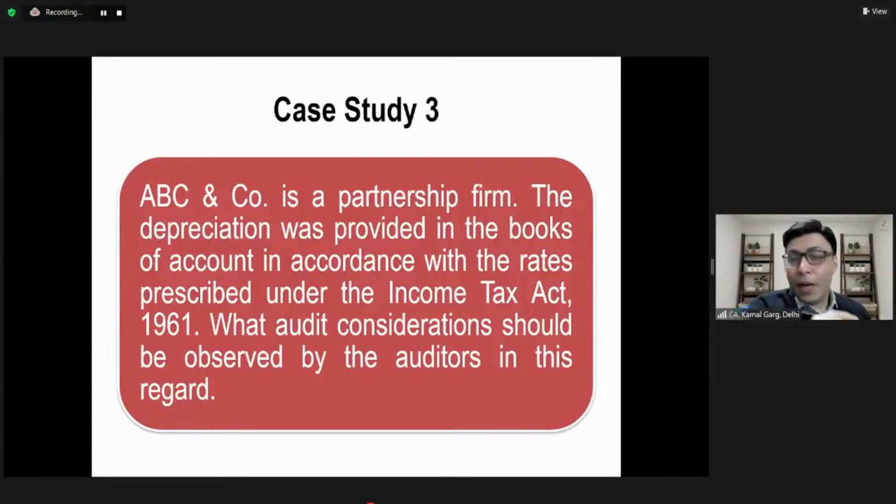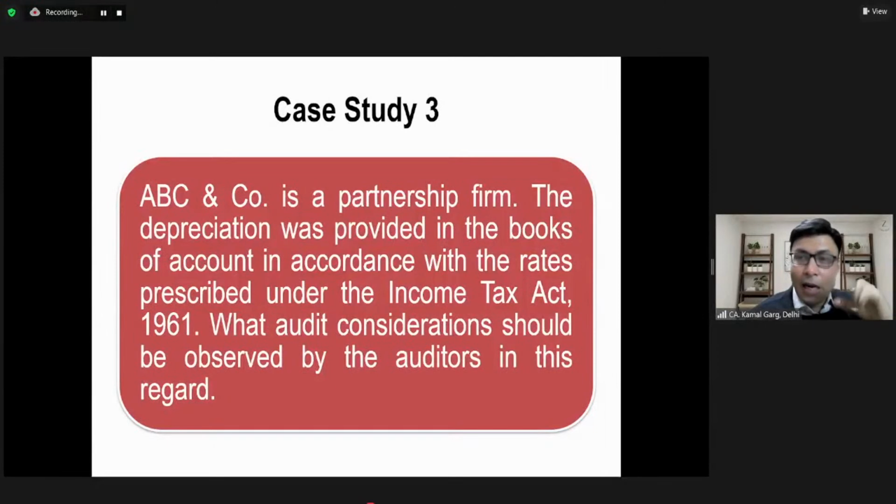Meaning thereby, the partnership firm is required to follow Accounting Standard 10 issued by ICAI. Accounting Standard 10 states that depreciation shall be provided as per the useful life of the assets. So what is the conclusion? In the books of accounts, depreciation should have been provided as per useful life, but it had been provided as per the Income Tax Act.